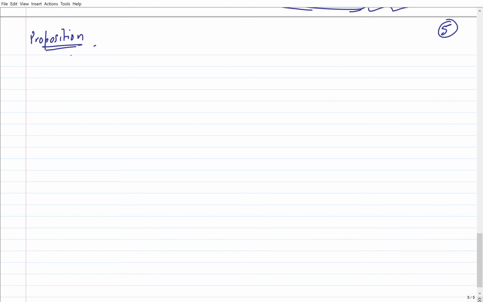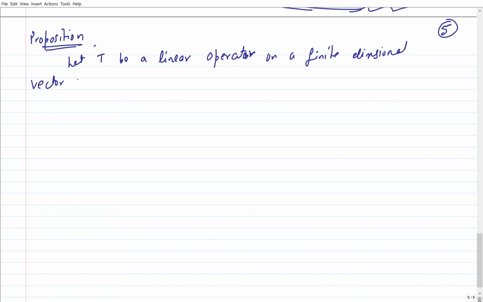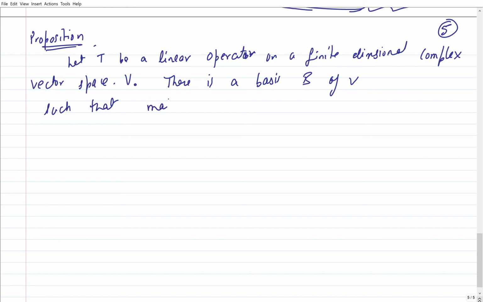And it is that, to say that, let T be a linear operator on a finite dimensional, let's say complex, vector space V. Then there is a basis B of V such that the matrix A of the linear transformation is upper triangular.